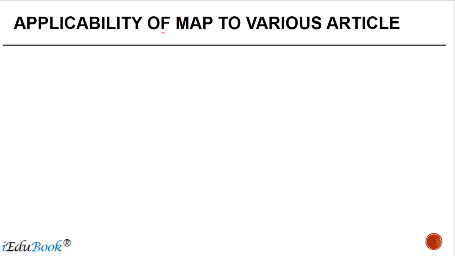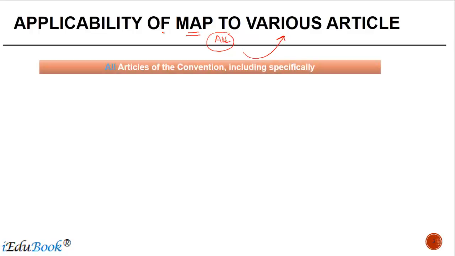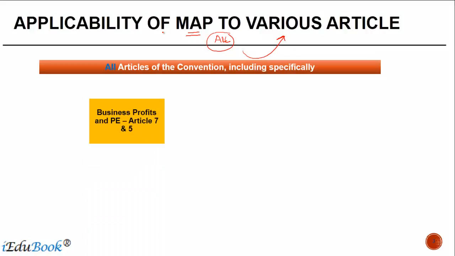Now let's look at what all is MAP applicable to, right? The answer to this is it is applicable to all the articles, right? But specifically, most of the time, the issues which arise in MAP, not in any particular order, are for business profits and PE, right? Even though existence of a PE is a fact-finding thing, right?